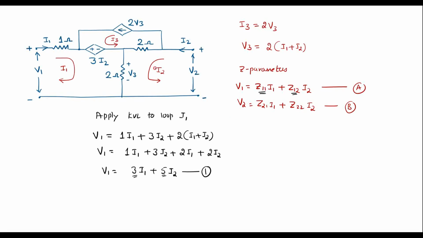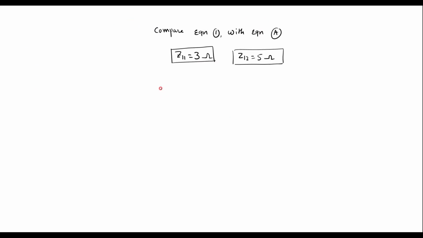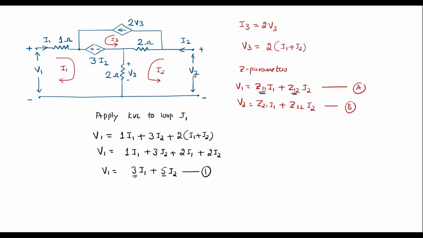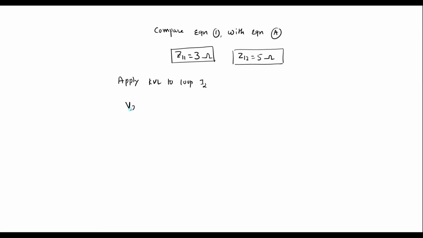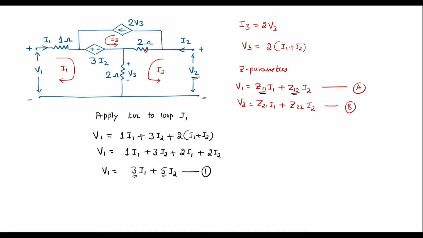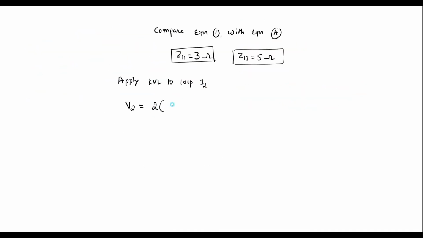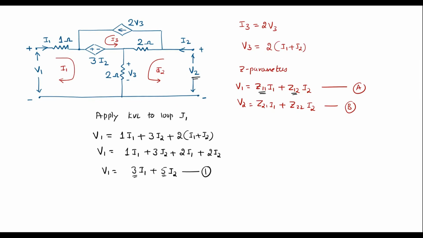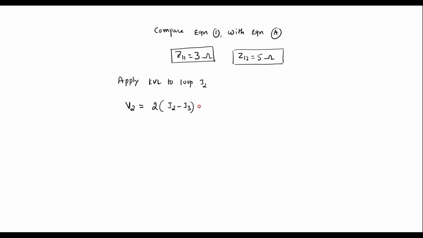So now let me apply Kirchhoff's voltage law to loop I2. So we can write V2 is equal to the voltage across the 2 ohm resistor, 2 into (I2 minus I3), plus 2 into (I1 plus I2).